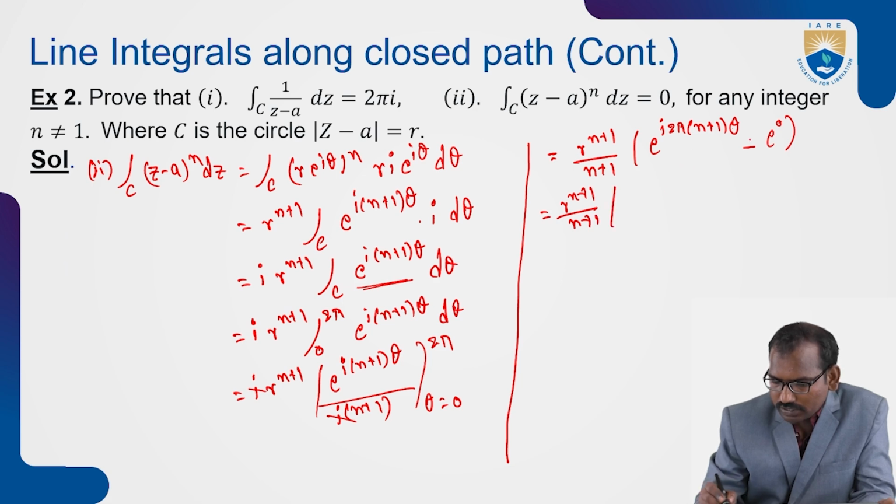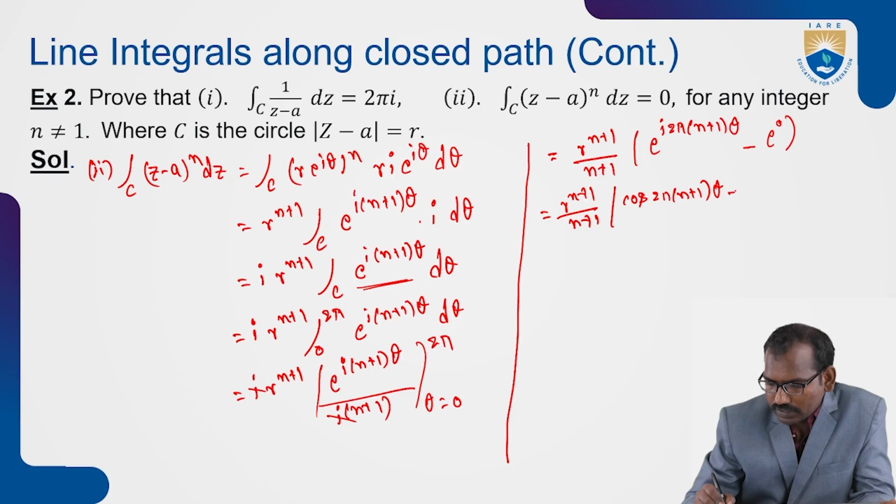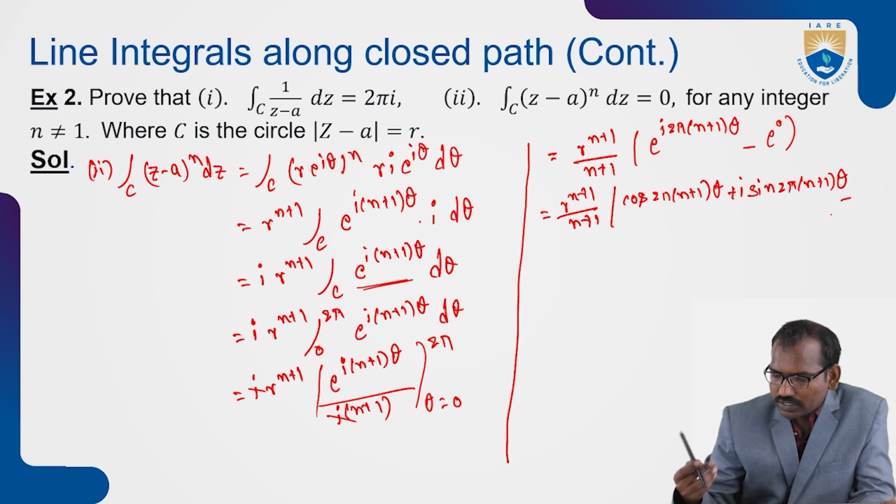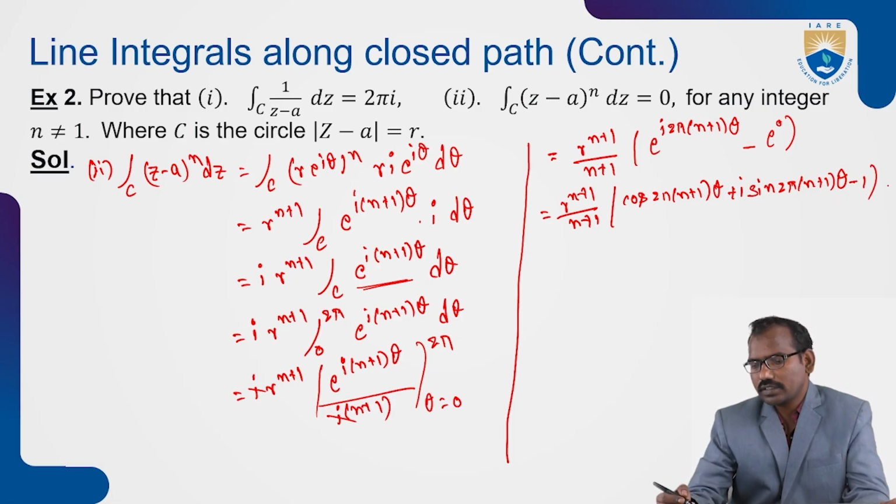And here you get cos of 2 pi (n plus 1) plus i times sine of 2 pi (n plus 1) minus 1, because e power 0 is 1, and e power i theta I am writing by Euler's theorem.